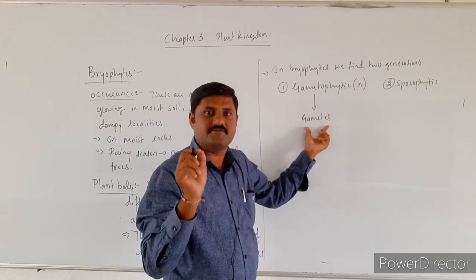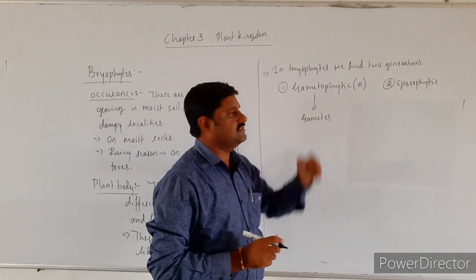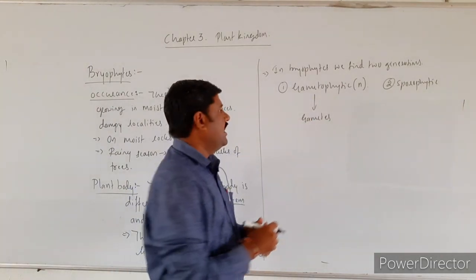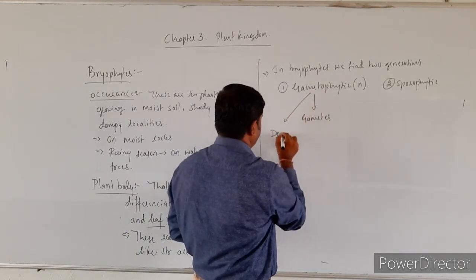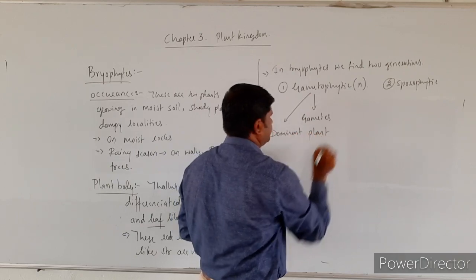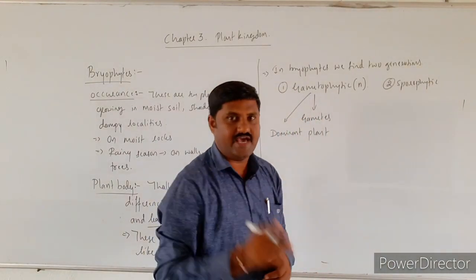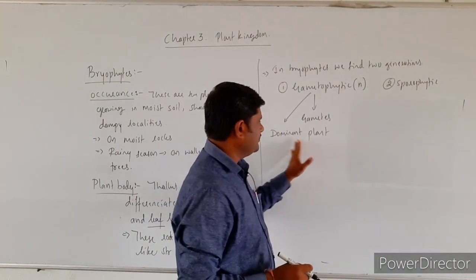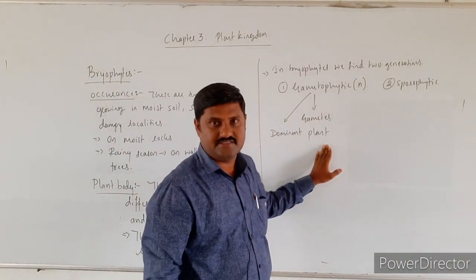So a single set of chromosomes they consist of, and such kind of plant is said to be a haploid plant, and this is the plant which is said to be the dominant plant.